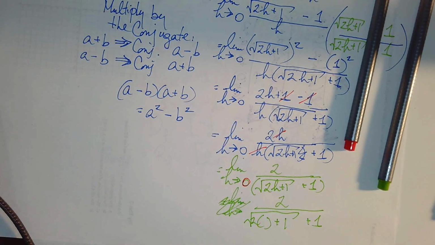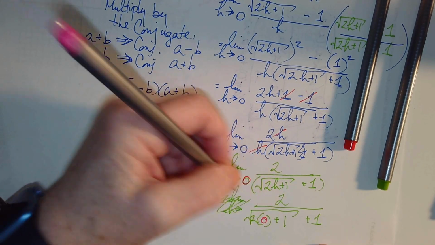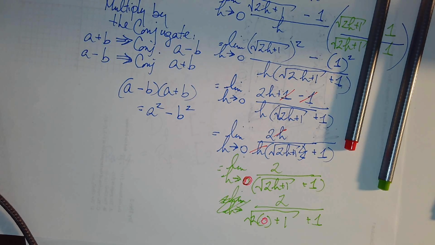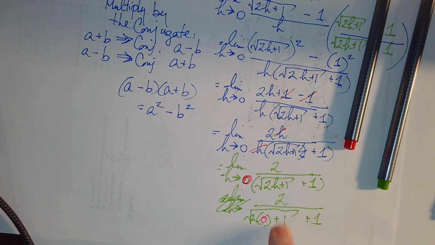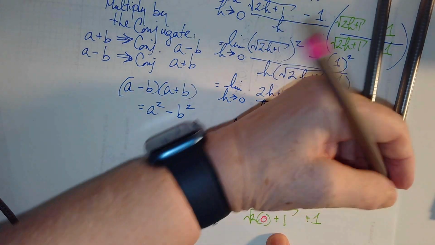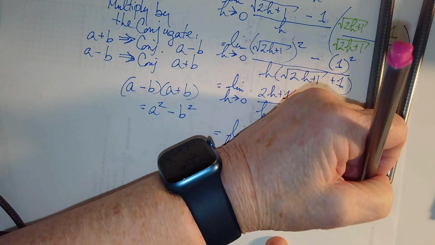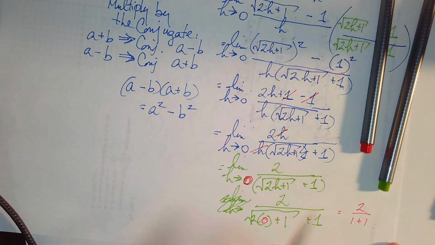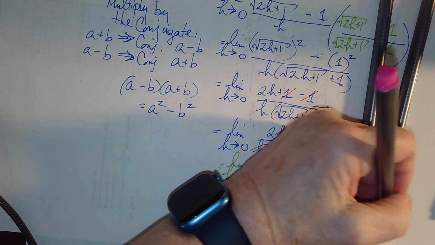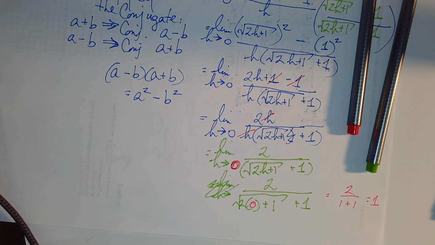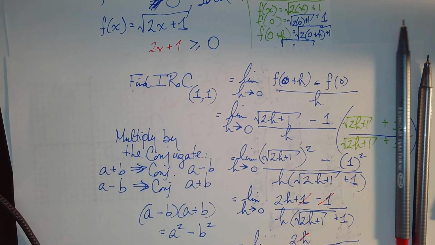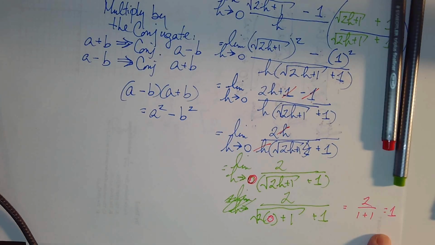And that something is 0. 2 times 0 is 0, plus 1 is 1. Square root of 1 is 1. So that gives us 2 over 1 plus 1. 2 over 2 is 1. So the slope of the tangent line at the point 1 comma 1 is 1.